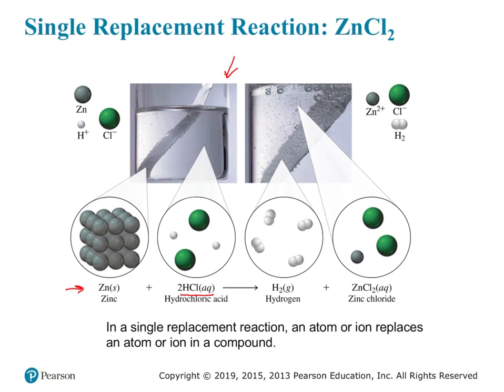Now, if we place a piece of zinc in that acid, what we see are some bubbles forming. So in this picture on the right, you can see some bubbles forming there. And remember that the formation of bubbles indicates that a chemical reaction is occurring. Now, in this case, the bubbles are hydrogen gas.